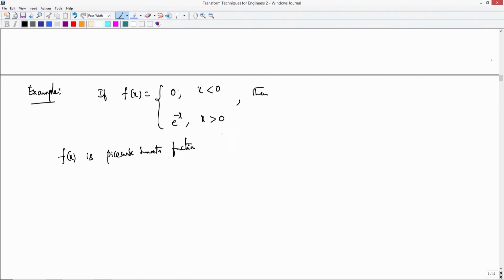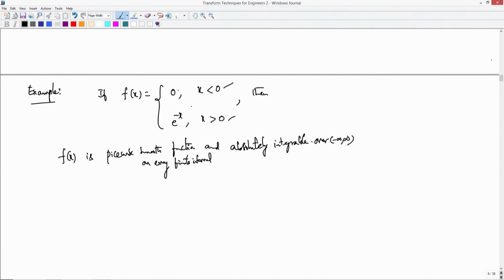These are elementary functions and it is absolutely integrable over minus infinity to infinity, and piecewise smooth on every finite interval, because it is smooth on the negative side and on the positive side, and the only discontinuity is at 0, where e power 0 is 1.